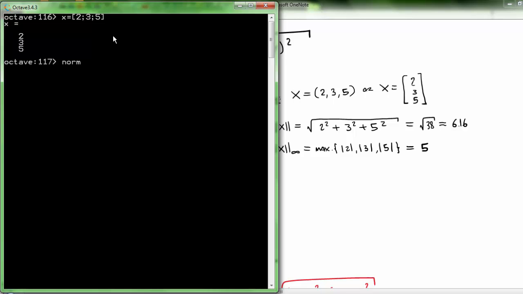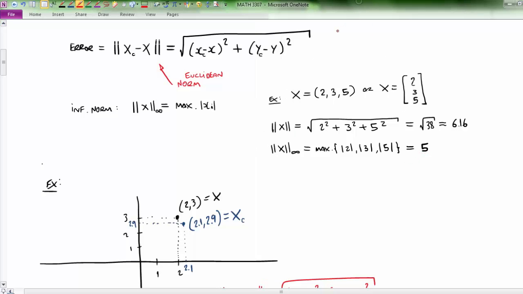Then there's a command in Octave called norm. If I put norm of x, that gives you 6.1644. That's the Euclidean norm. If you don't say anything to Octave, then the norm is Euclidean norm. But if you want the infinite norm, then you can put x, comma, inf. That will tell Octave that you want to use the infinite norm, which is 5.